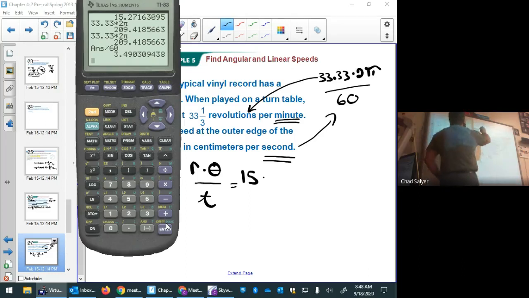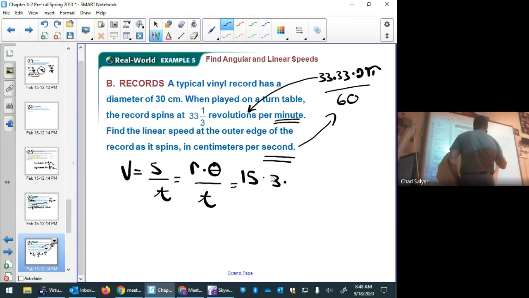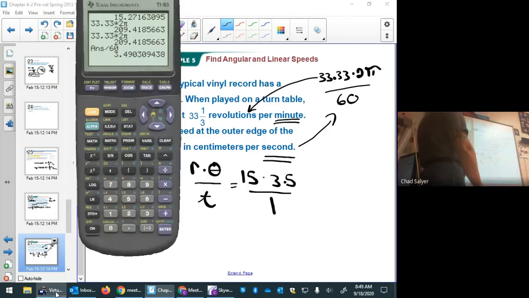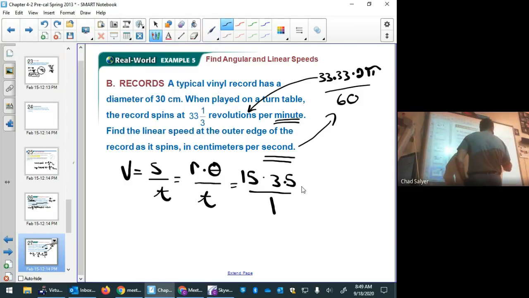About 3.5 radians over 1 second. So 15 times 3.5, about 52.4. And that's in centimeters per second.